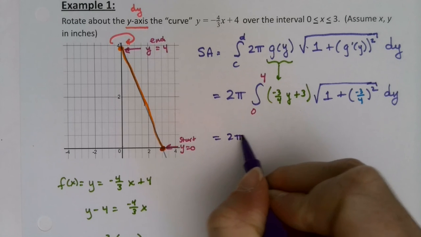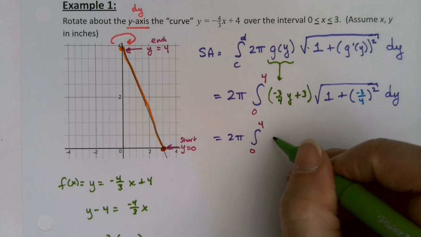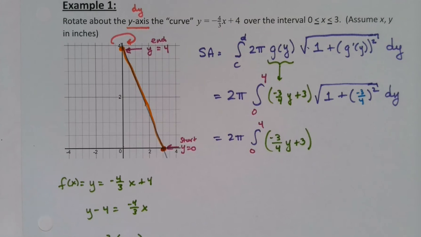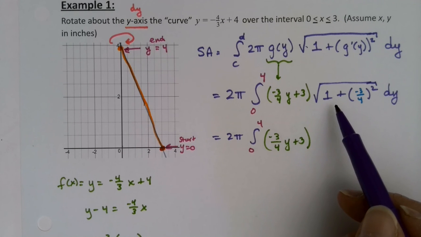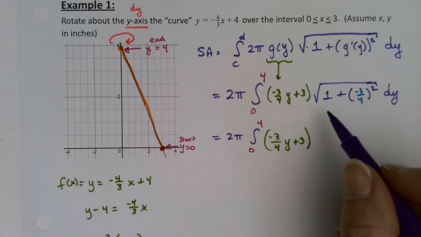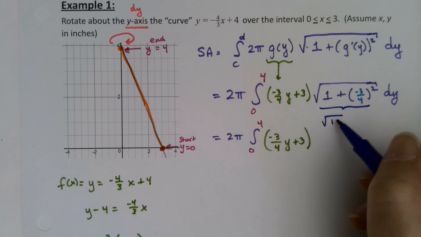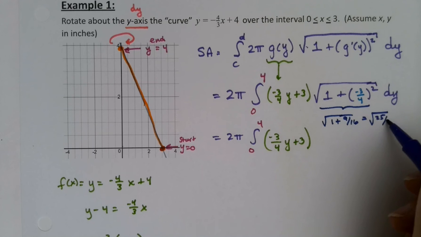So this is 2 pi integral from 0 to 4. I haven't dealt with the -3/4, so I'm just going to write that for a second. Then I need to figure out what this piece is. This is the square root of 1 plus 9/16, which is the square root of 25/16, because 16/16 plus 9/16 makes 25/16, which is 5/4.